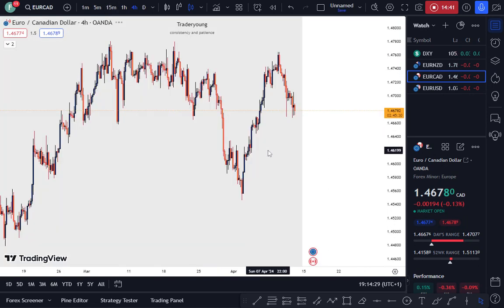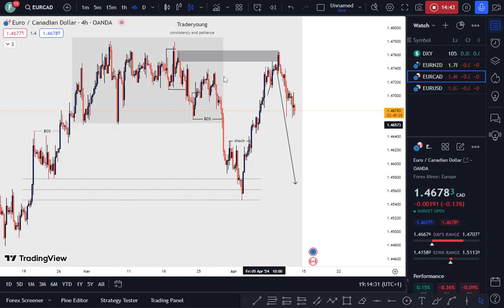So I want to still see some bearish move, just as marked here. If we see opportunity, we'll be taking the trade, and our first target is going to look like this.